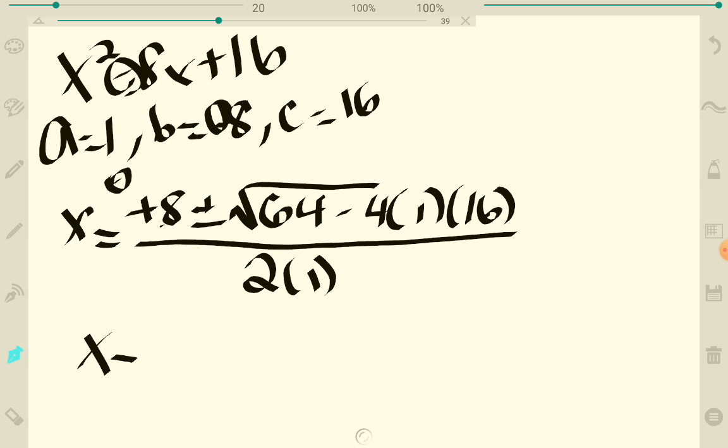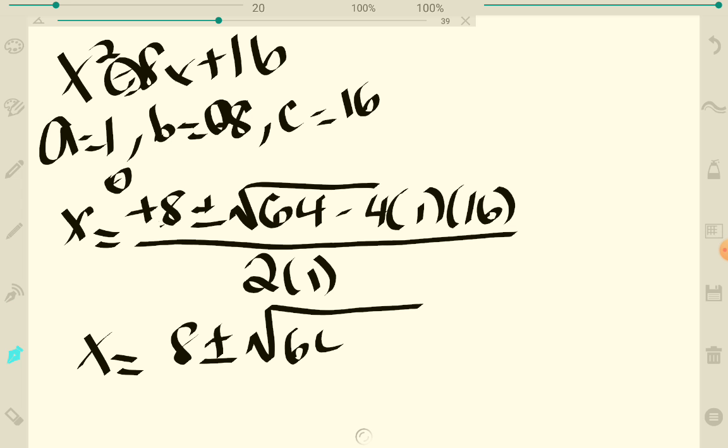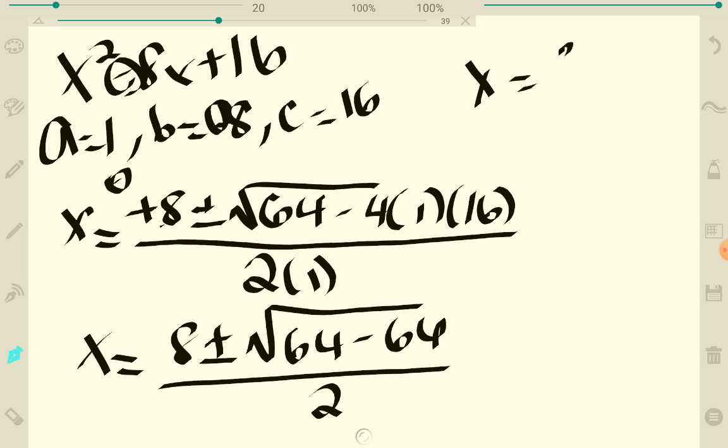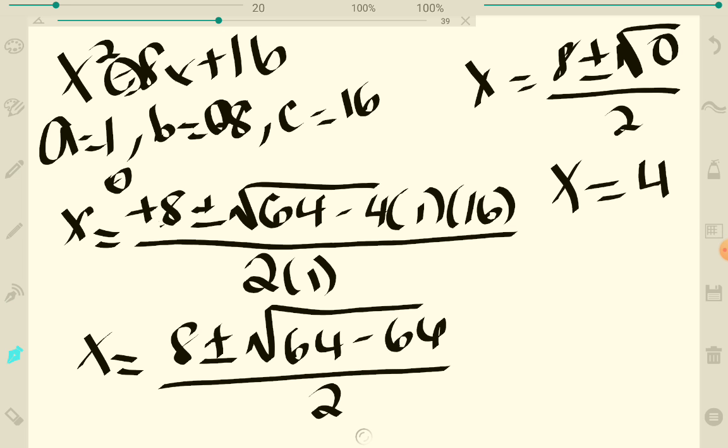So when we simplify, it's going to be x equals 8 plus minus 64 minus 64 over 2, which means x equals 8 plus minus 0 over 2. So that basically means x is going to equal 4 no matter what, because 8 plus 0 equals 8, divided by 2 is 4, and 8 minus 0 is 8, divided by 2 is 4. So x equals 4 would be our answer.